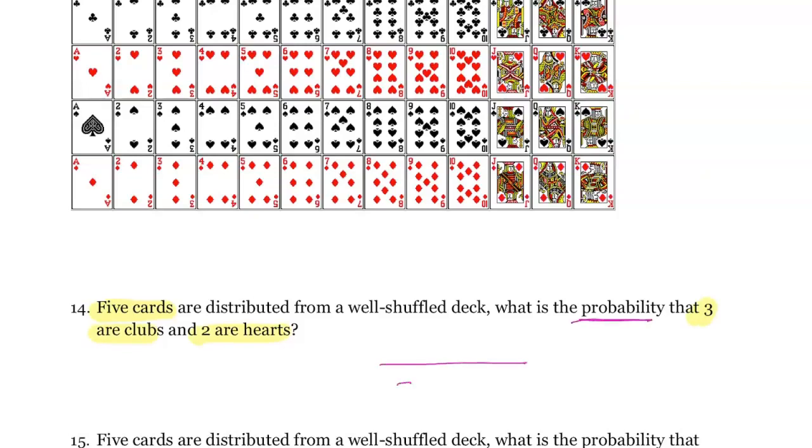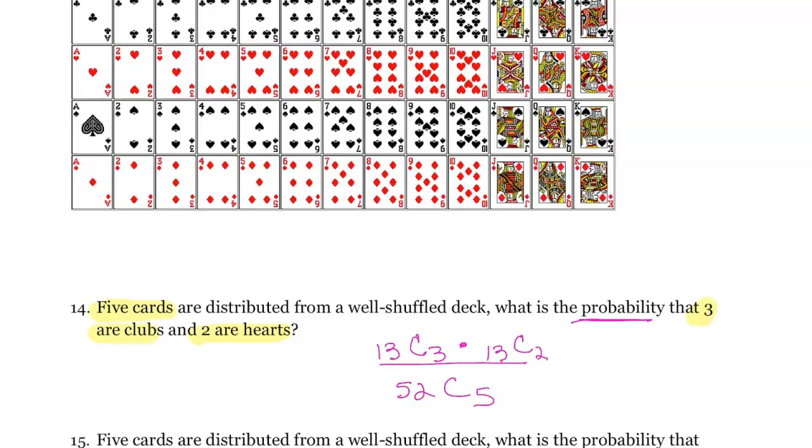So that's going to be 52 choose 5. That's my denominator. And then I'm going to choose 3 from the 13 clubs, times I have 13 hearts, I'm going to choose 2.